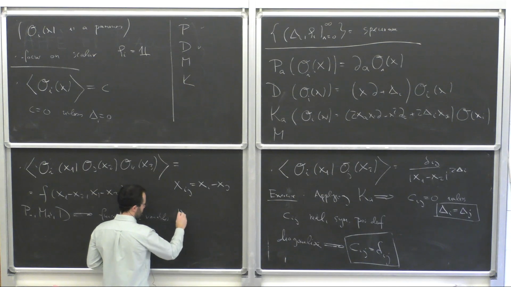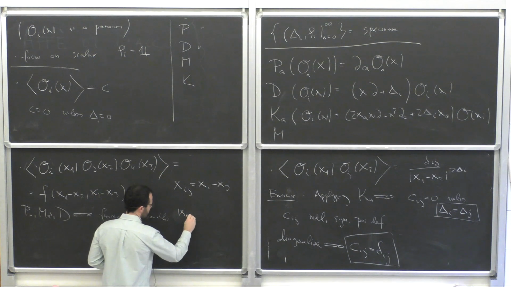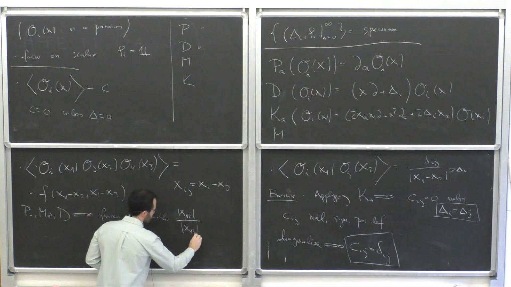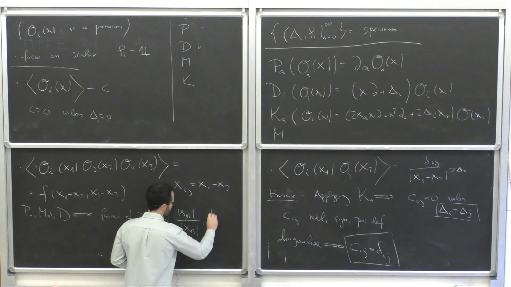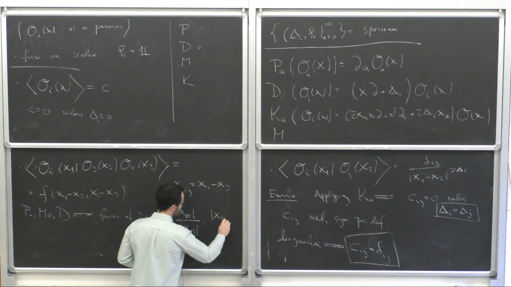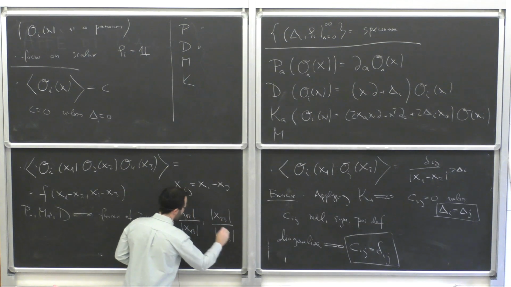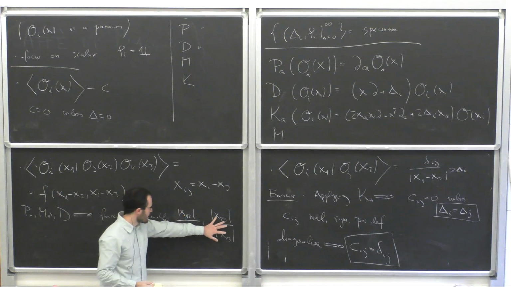Then there are 2 quantities which it could in principle depend on, this and that. Both of these are translation, scale, and rotation invariant.